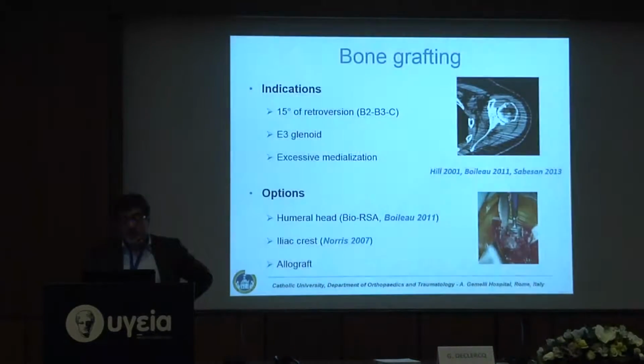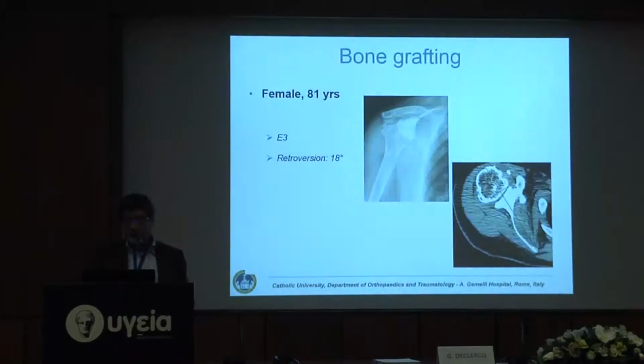But when we have more than 15 degrees of retroversion, that can be B2, B3, or C according to the Walch classification, or E3 according to Favard, with excessive medialization or a complete glenoid wear, in this case the options should be bone grafting with the bio-RSA technique described by Mole, or the Norris technique with iliac crest or other bone.